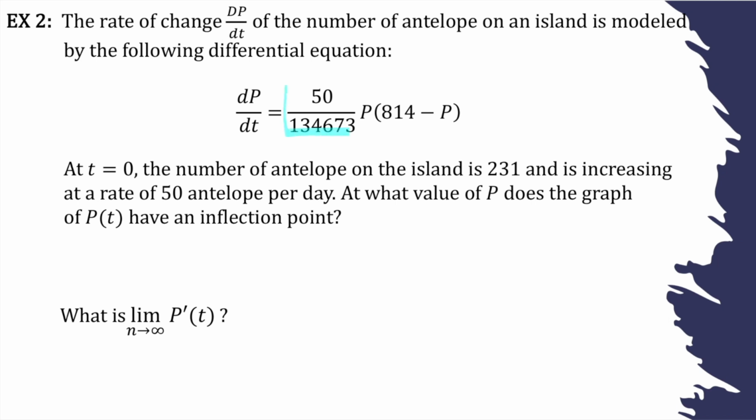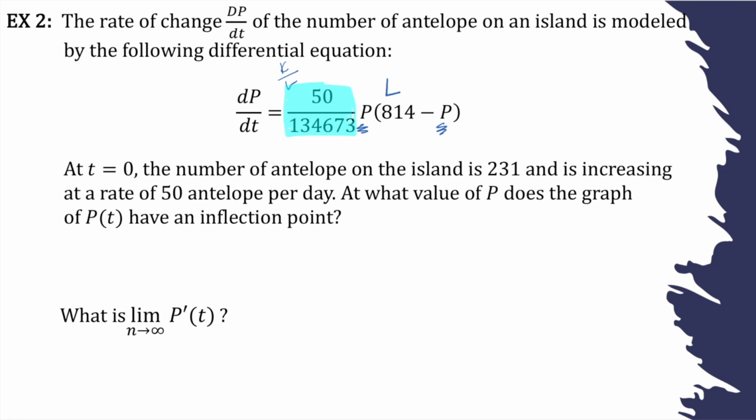So based on our model of a differential equation, this 50 over 134,673, that's in the k over L position. And then we have our variable of integration, and then 814 is L, and then our variable of integration again.